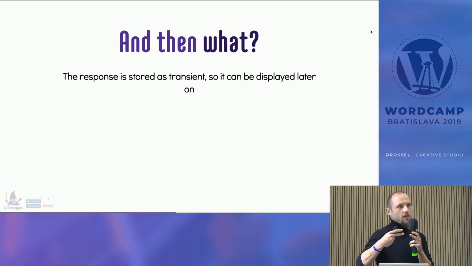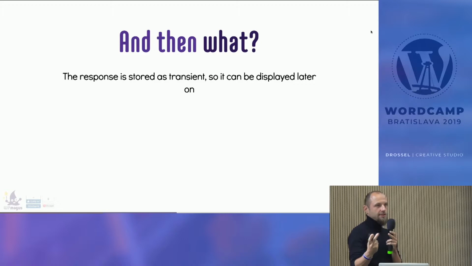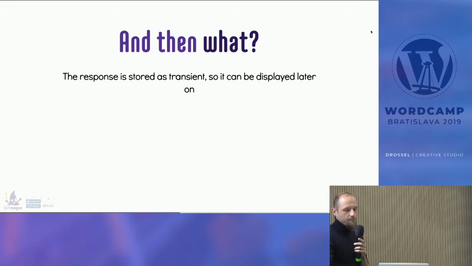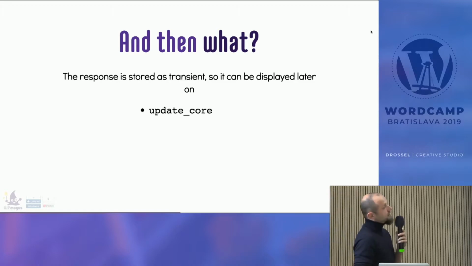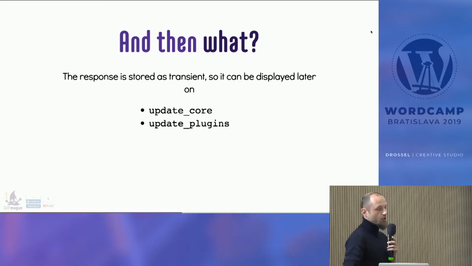After that 1 day, we won't get the value. It's invalid, so we have to get it one more time. So the response from the server is stored as a transient, so it can be displayed without sending the request all the time. And these are the names of the transients: update_core, this is the info about core, update_plugins, and update_themes.